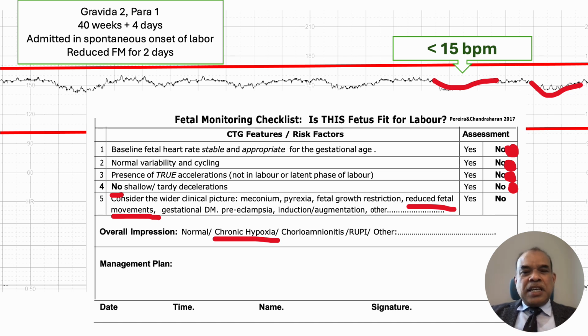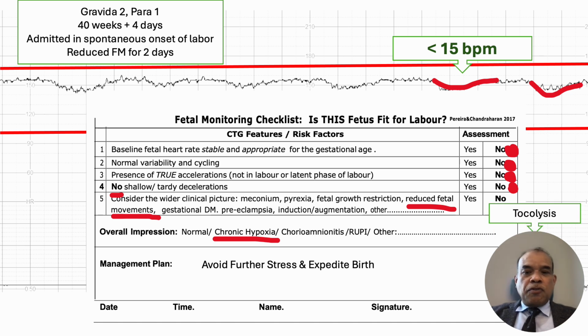Those classification systems are based on just grouping random features together, whereas chronic hypoxia is a diagnosis because we are combining the pathophysiological features: higher than expected baseline, reduced variability and absence of cycling, and presence of shallow deceleration. And once the diagnosis is made, it's easy to manage.